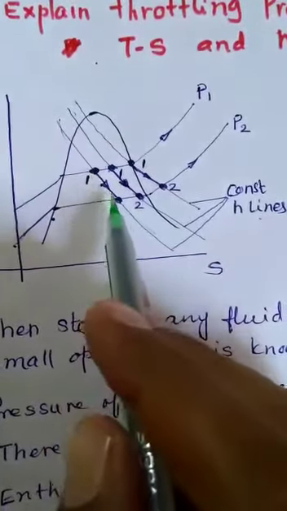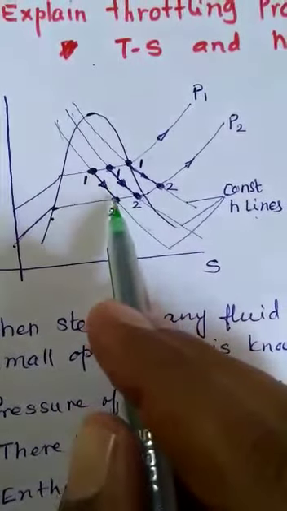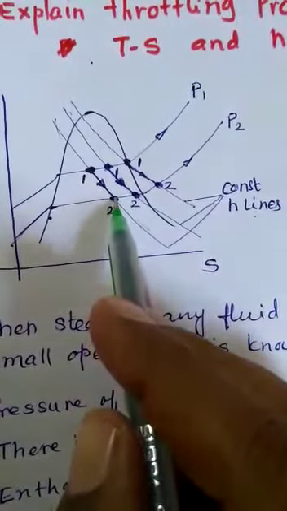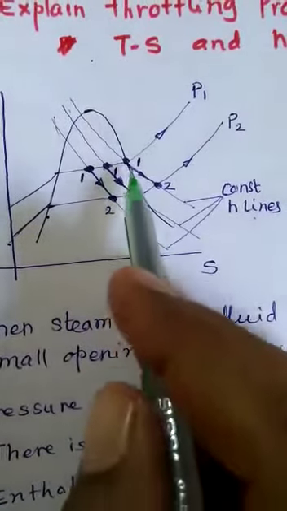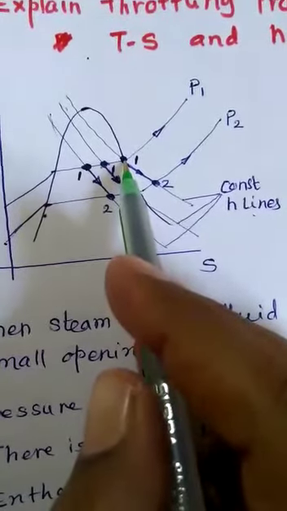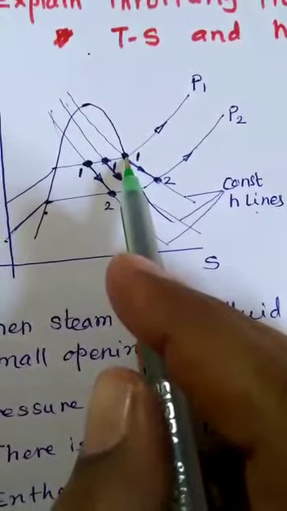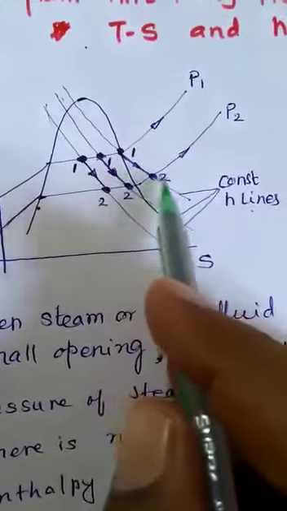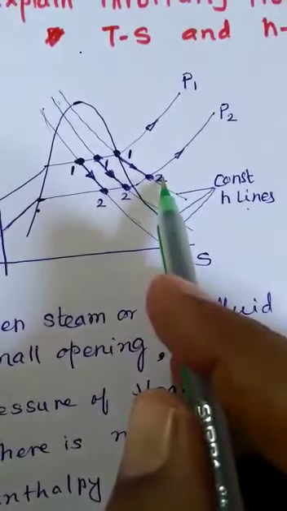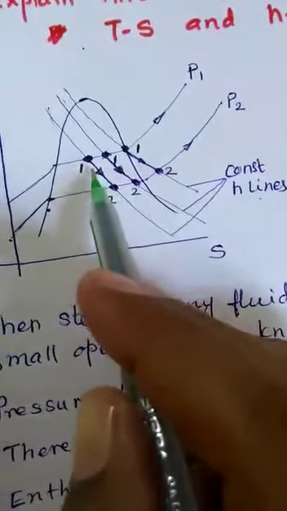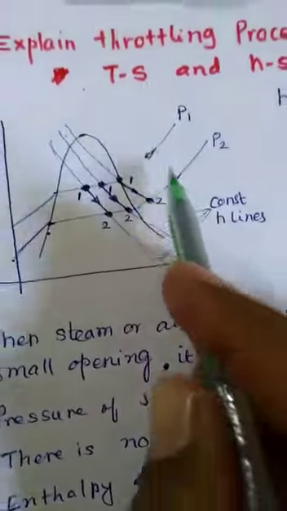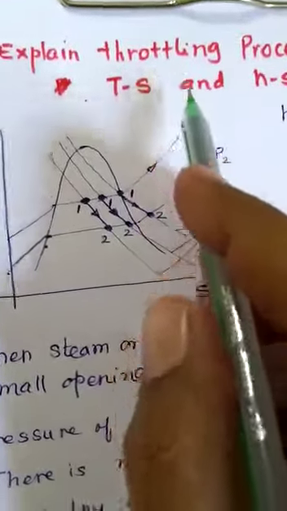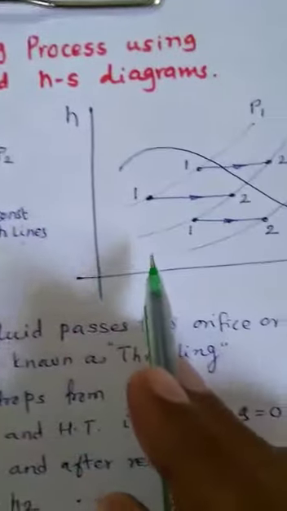Both the points could be in liquid plus vapor region, but in this case point 1 is on the saturation line and 2 in the vapor region only. So we can say that 1 to 2 process is a constant enthalpy process, or it is also known as throttling process. Now consider the HS diagram.